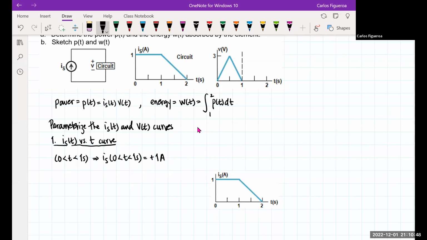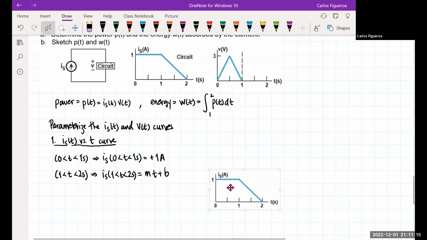But if I look at between 1 and 2, that changes. So between 1 and 2 seconds, you see that I have a linear line. So if I have a linear line, that tells me that this function will have some slope and some intercept.